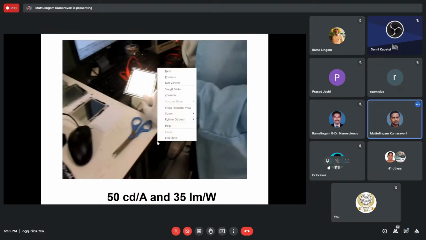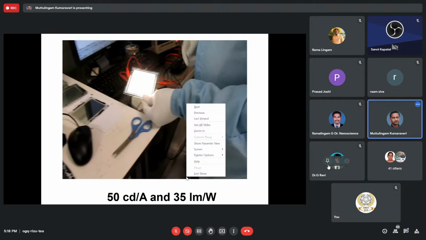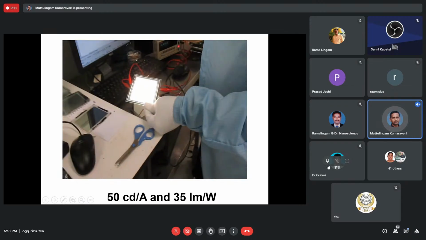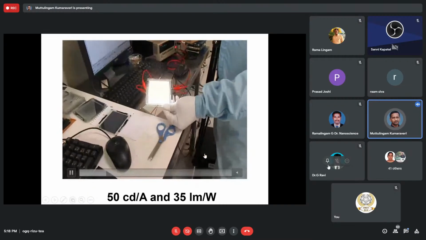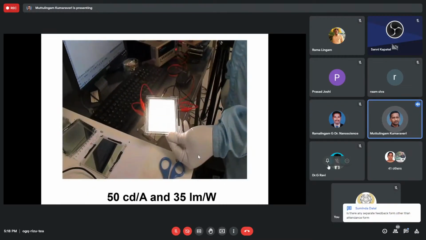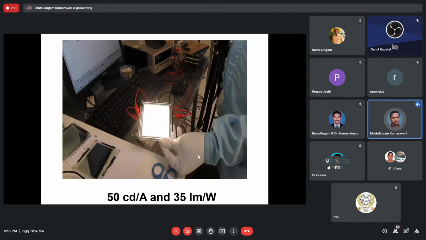Okay, it's very bright. Even with the room light on outside, you can still see the device we made, 10 centimeters, at Brunel.